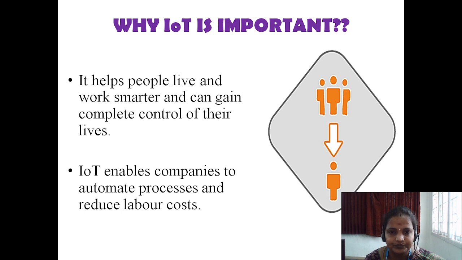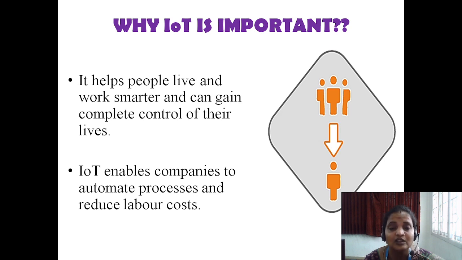Next is why IoT is very important. Everyone must know why it is important and how it is helpful to human life. It helps people live and work smarter and gain complete control of their life. Previously I told you many examples we see in our day-to-day life, on your mobile phones, refrigerators, washing machines.